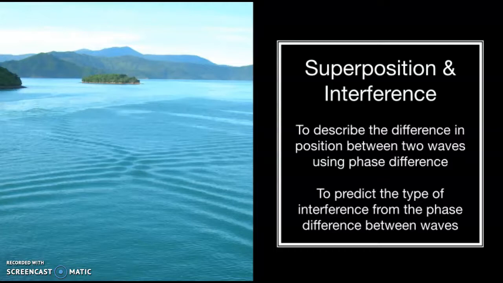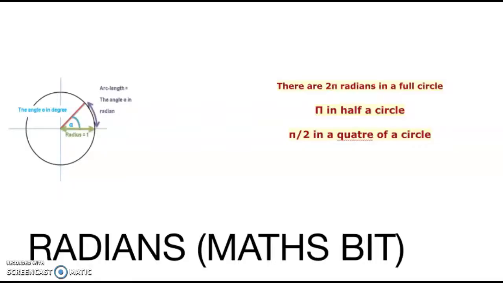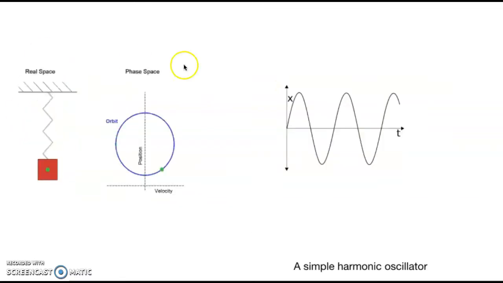Let's review first what phase difference means. Phase difference is a way to compare two waves. We use radians, where 2 pi radians represents a full circle, in the same way that it will also represent a full wave. Earlier on in the topic, we looked at how a motion in a circle is equivalent to the motion in simple harmonic motion.